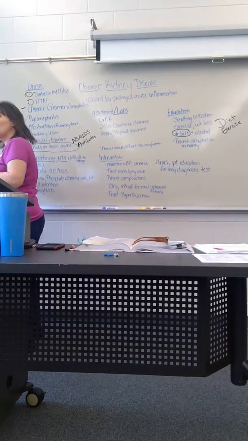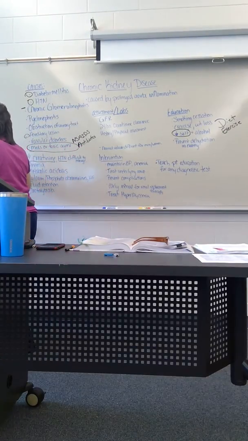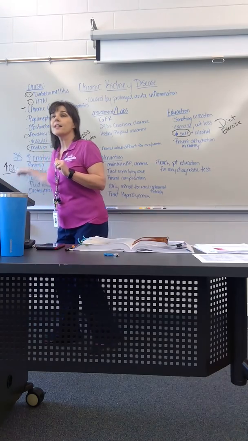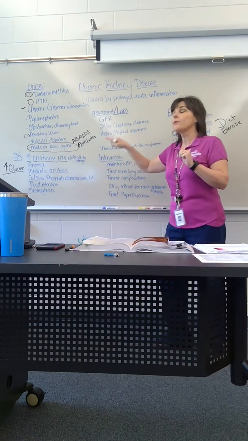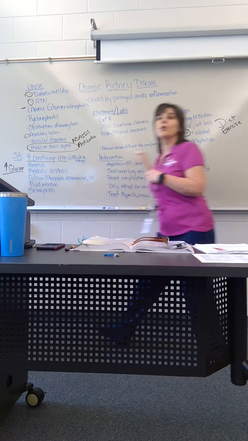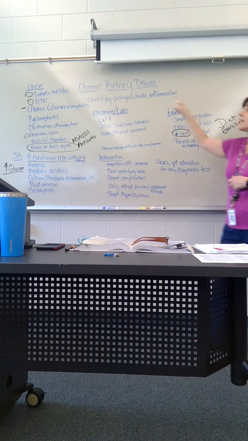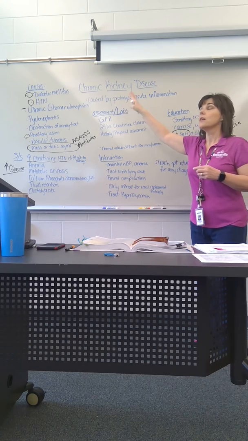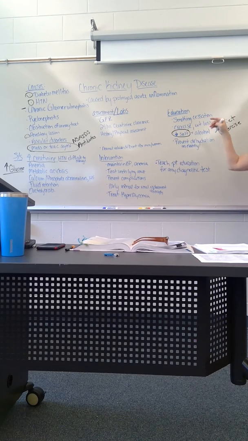So I'm going to put over here under signs and symptoms, increased glucose, because that might not be an exact sign and symptom, but if they're not managing their glucose through diet, that's going to complicate our chronic kidney disease. Okay, so is this making sense? How everything kind of works hand in hand.